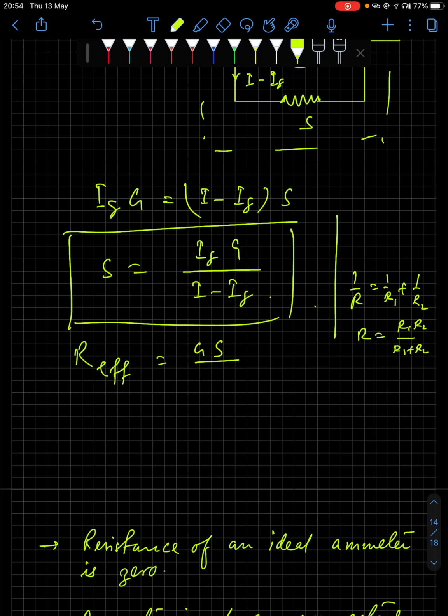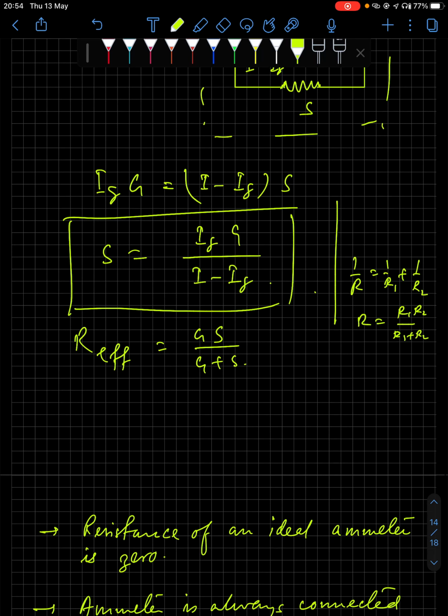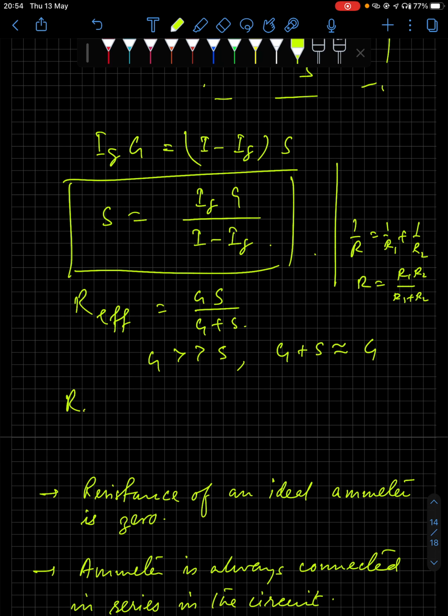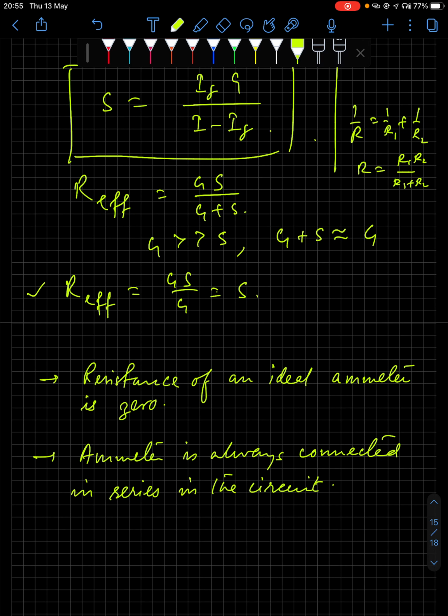So that is GS divided by G plus S. G is the resistance of the galvanometer, S is the resistance of the shunt, and since G is much greater than S, you can write G plus S as nearly equal to G, and therefore R effective becomes GS divided by G, equal to S. So this is the relation for the effective resistance of the ammeter.